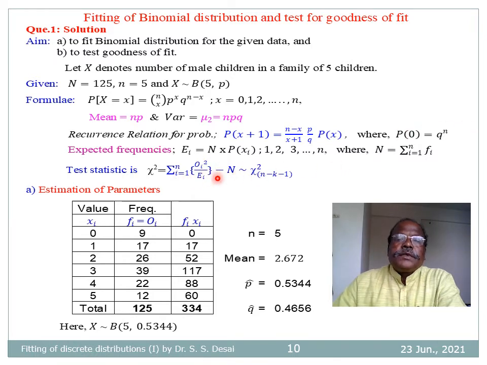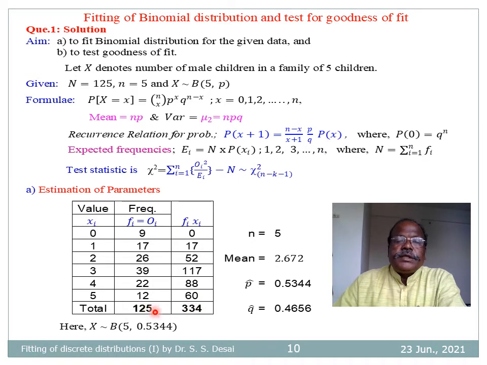So here the first part is estimation of parameter. We have the given values of xi from 0 to 5, the observed frequencies Oi, and the sum of Oi is 120. The product of these two is fi into xi, and the sum of the product is 334.